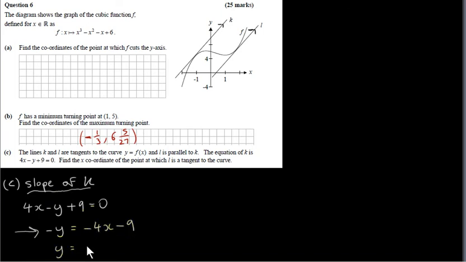So making y the subject, we get y equals plus 4x plus 9. When a line is written in this form, the y equals mx plus c form, then the coefficient of x is the slope of the line. So the slope of line K is 4. But L is parallel to K, so the slope of L is also 4.